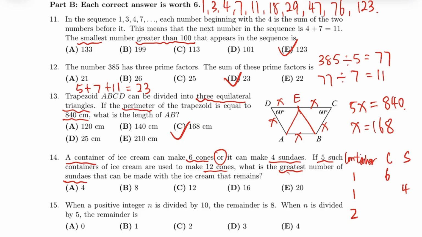So if we have 2 containers, we can make 12 cones. But now we have 5 containers, which means we have 3 containers left. So 3 containers, if we use all of them to make sundaes, will be 3 times 4, 12 sundaes. So the answer is C. We will have 12 sundaes.